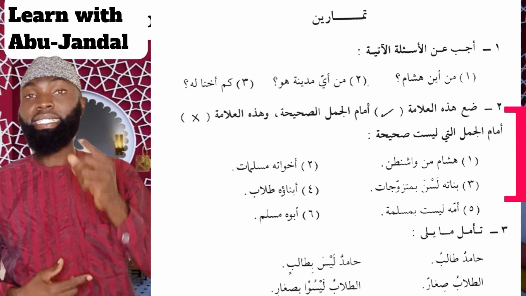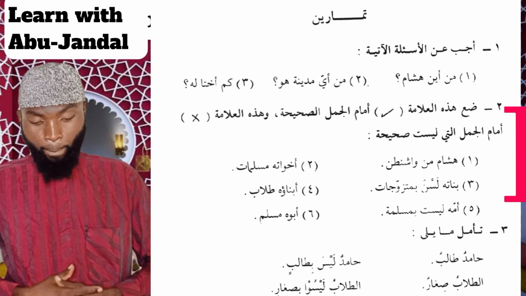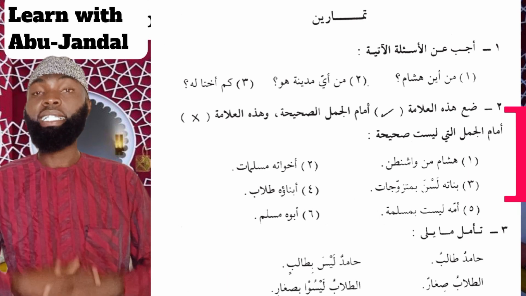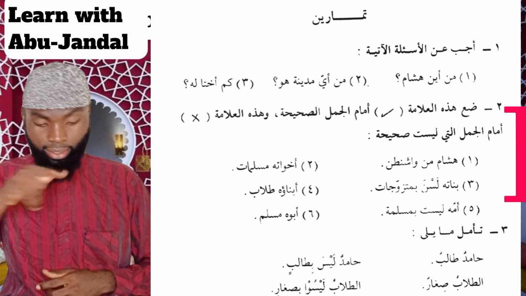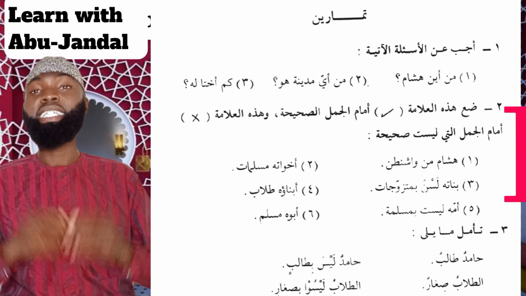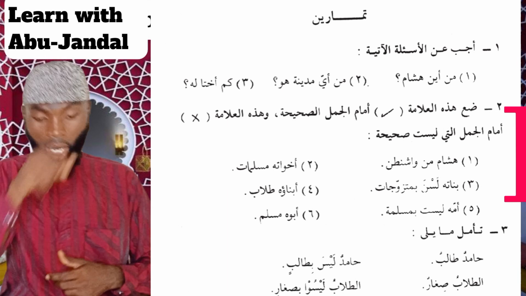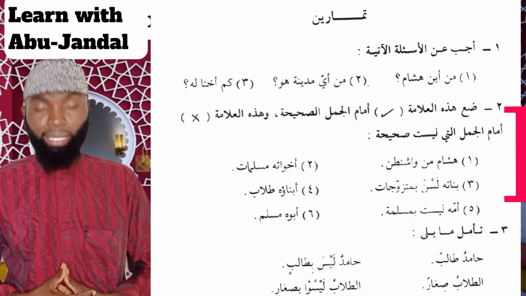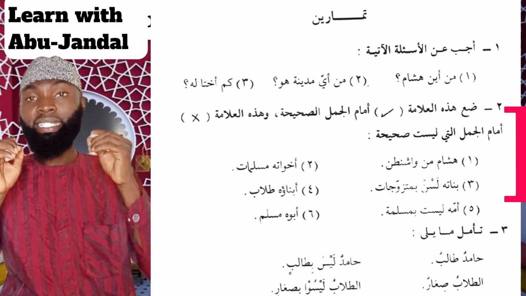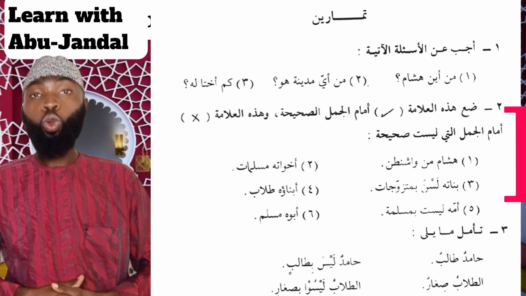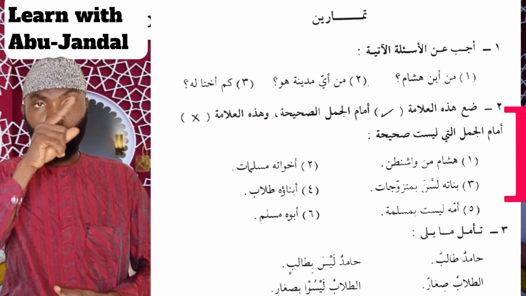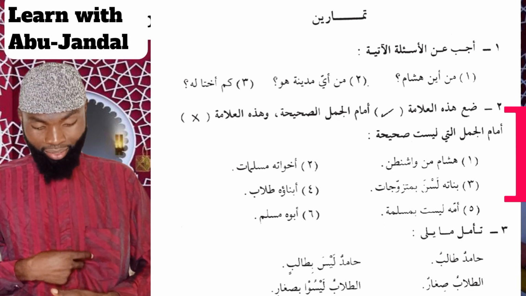Akhawatu muslimatun, his sisters are Muslims, of course. Banatuhu lasna bi mutazawwijatin, his daughters are not married. Yes. Abnauhu tullabu, his sons are students. Wrong. Ummuhu laysat bi muslimatin, his mother is not a Muslim. Correct. Abuhu muslim, his father is a Muslim. Wrong.